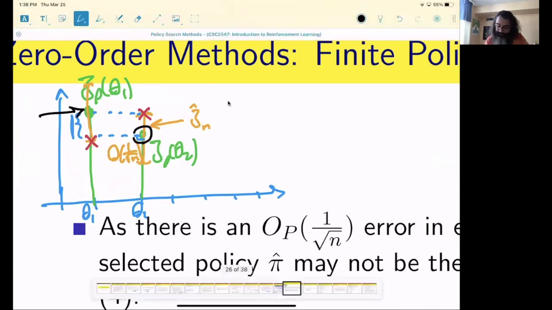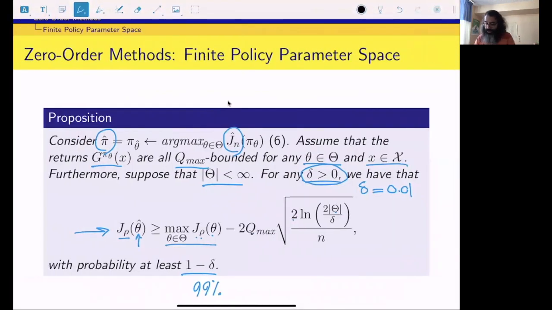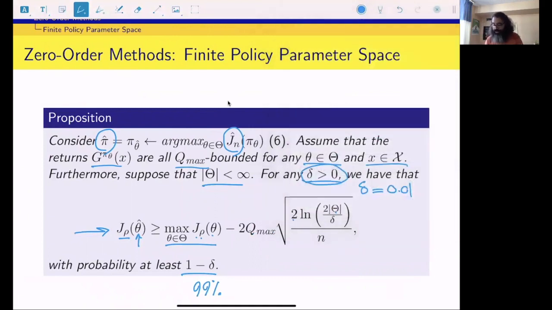The real performance of this theta 2 is going to be close to optimal minus some gap, and this gap is order of 1 over square root of n, and that order is going to be this specific value, 2 times Qmax, 1 over square root of n, times the logarithm of some terms that is divided by, it's like 1 over delta.